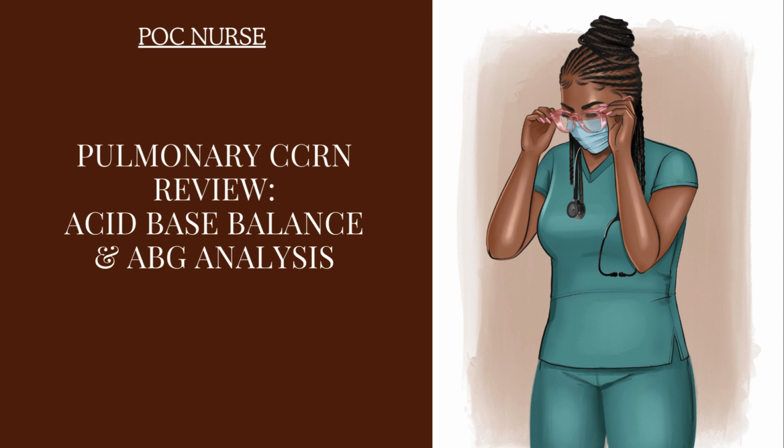Let's talk about some conditions where we have an increased anion gap. We have methanol or ethanol ingestion, like we talked about before, uremia, diabetic ketoacidosis, or alcohol ketoacidosis. Starvation can also be part of this.